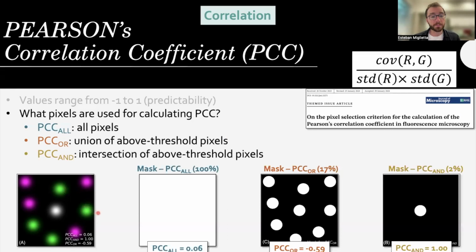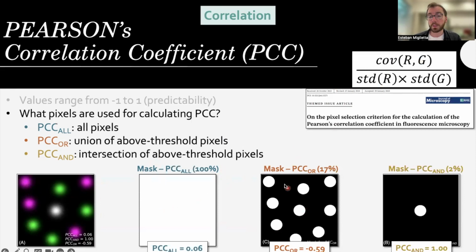So here, for example, we see that if we use all the pixels, so take everything as foreground, don't exclude any pixel, we will get a PCC all of close to 0, 0.06. And that makes sense, right? Like most of the pixels in the image are black, so they don't contribute too much to this linear relationship.